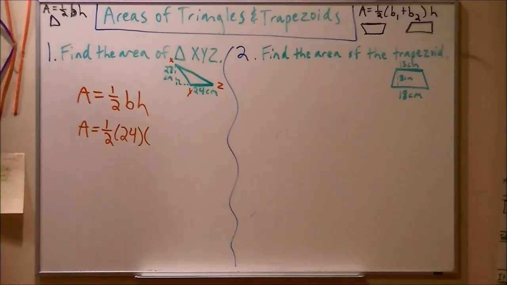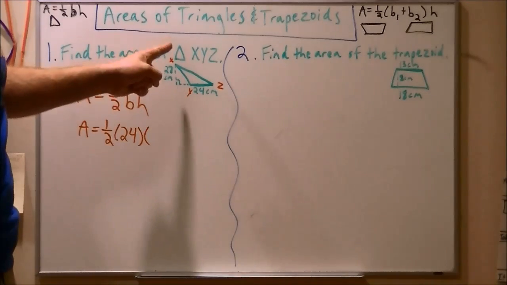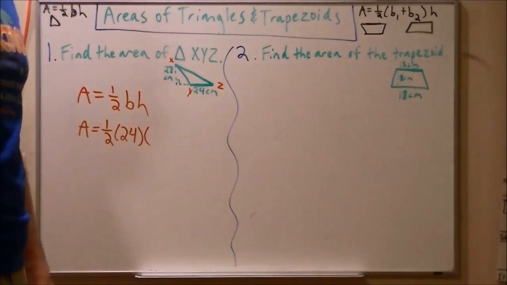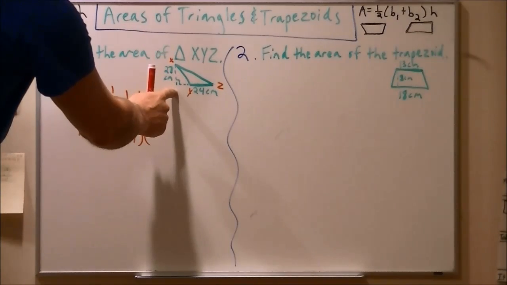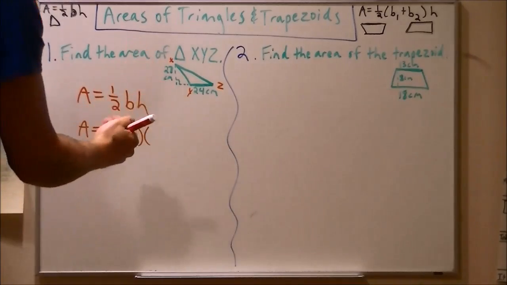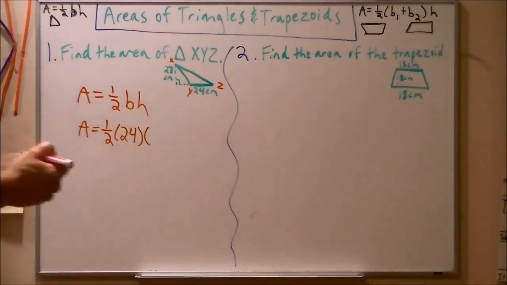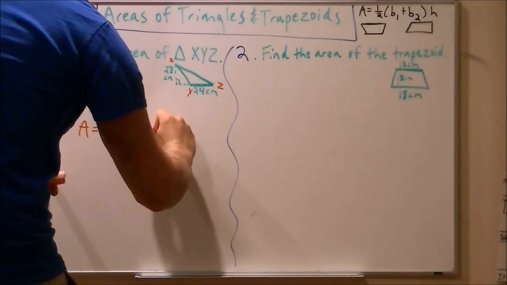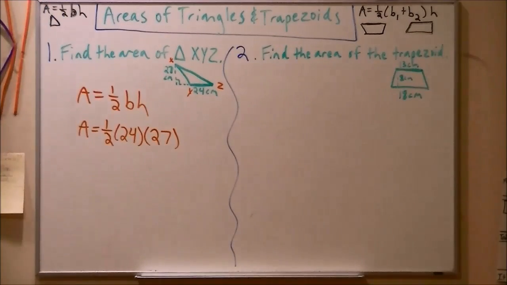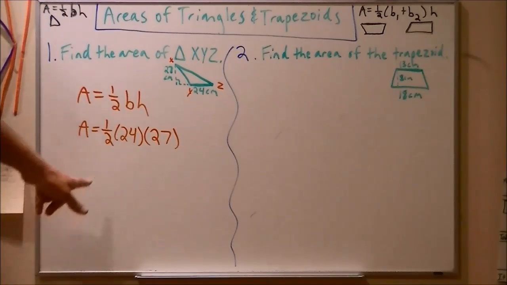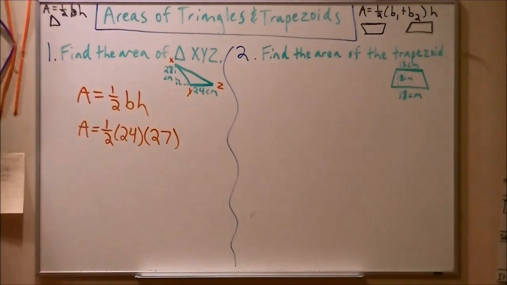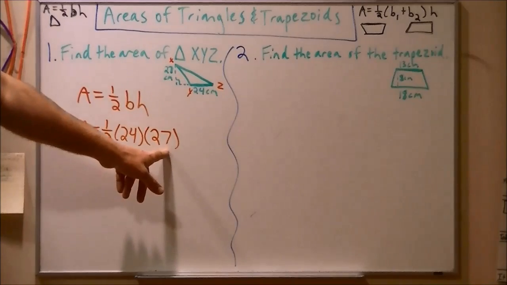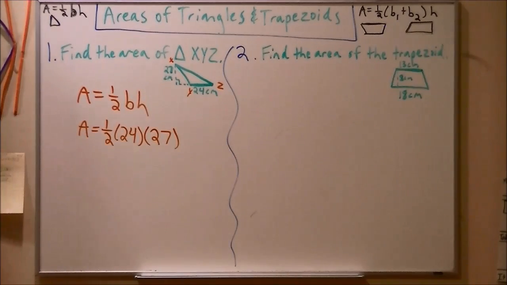Typically you'll see height as a dashed line, because it shows you the tallest spot, and that is 27 centimeters. So 1/2 times B, the side on which it's resting, which is 24, times 27, which is your height.